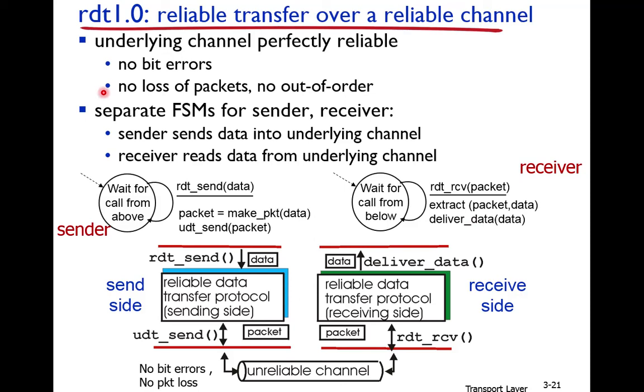Okay, so there is a separate FSM for the sender and a separate FSM for the receiver. The sender side has one state, and similarly the receiver also has one state. The sender sends the data into the underlying channel, and the receiver reads data from the underlying channel, and the transport layer does nothing. Why? Because the underlying channel is already perfectly reliable. So this is RDT 1.0.